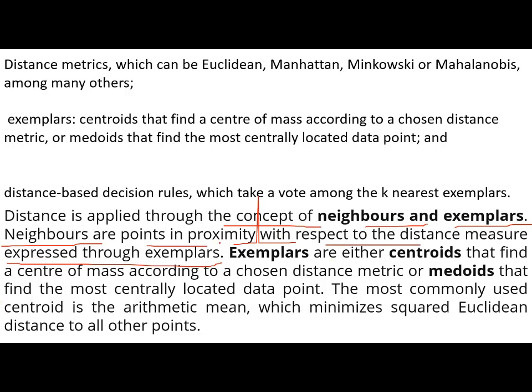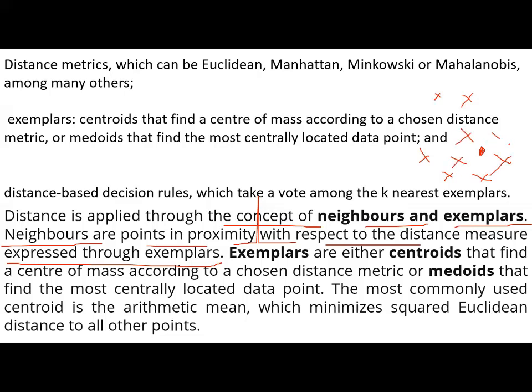For example, if a point is there, and another, so these are all the points; which one is called a neighbor?